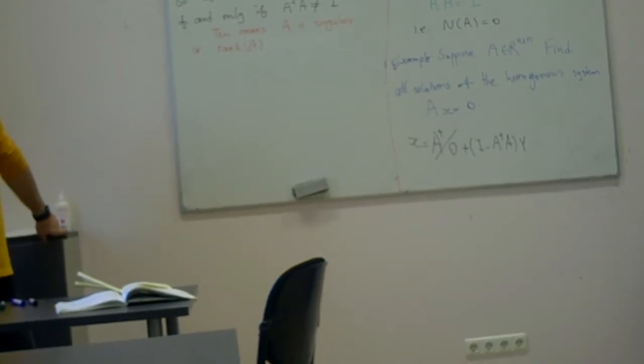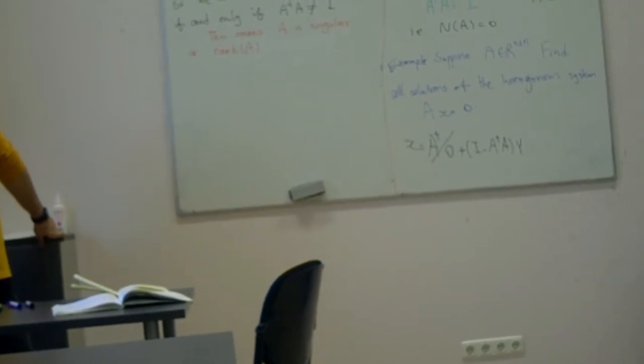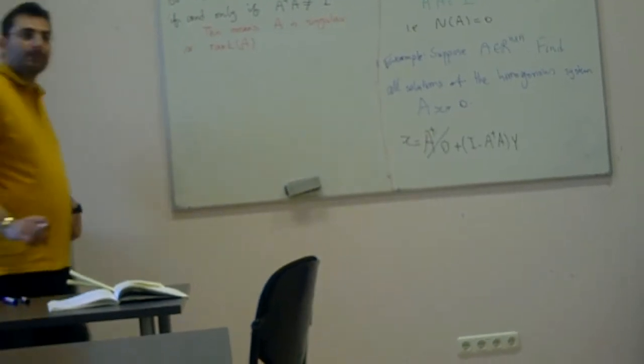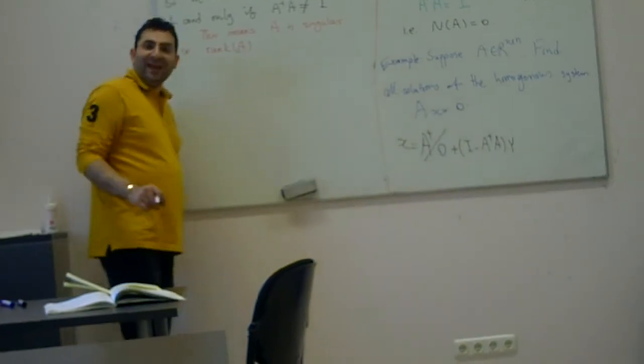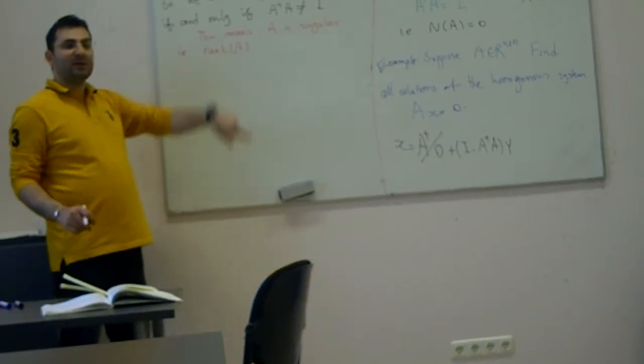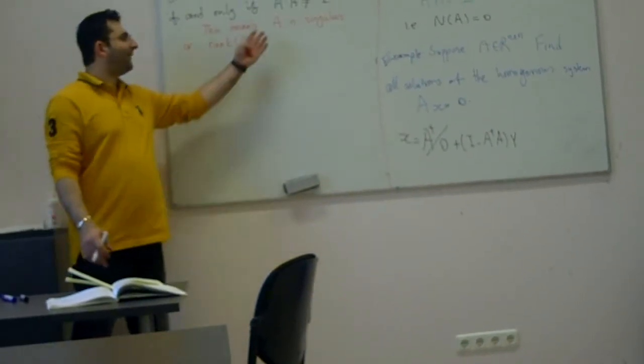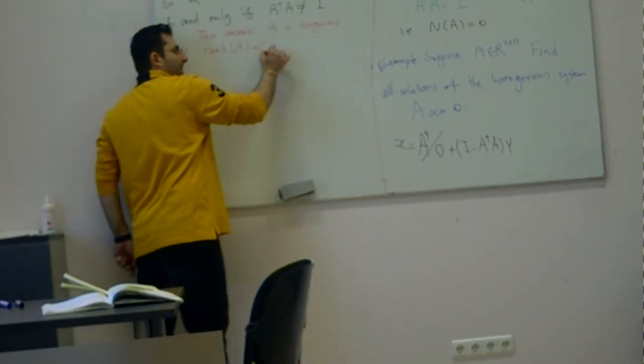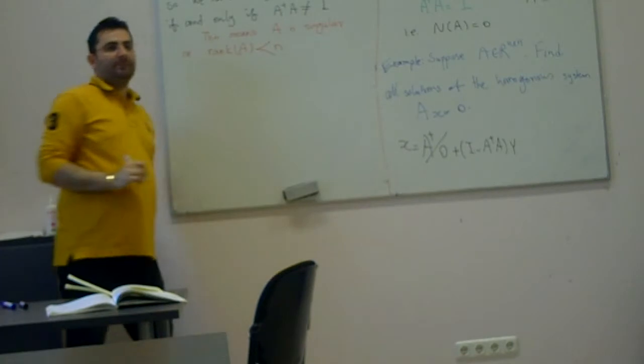What should be the rank of A for this example in order to have non-zero solution? If it is n, then it means that it's not singular, and I have A inverse, and I'm doomed. So it should be less than n.